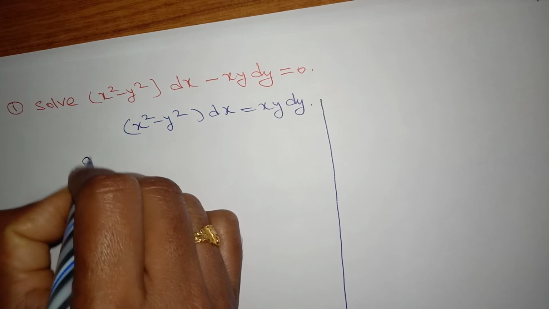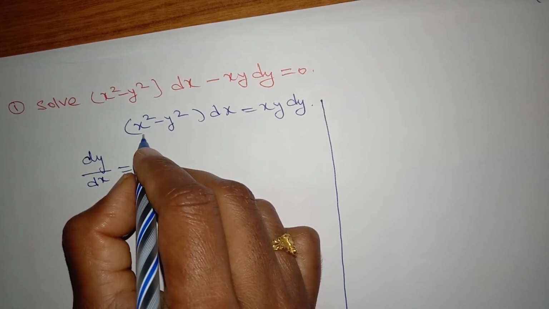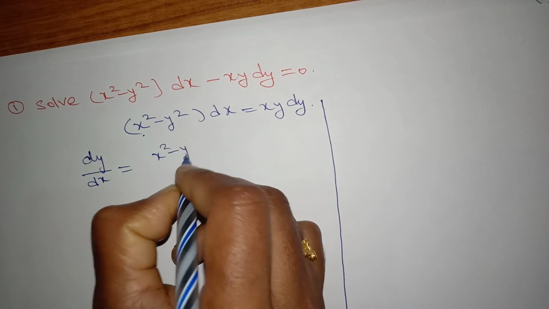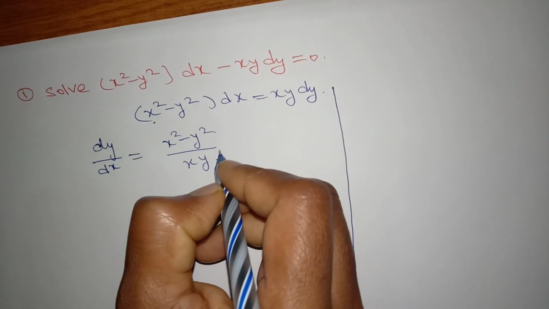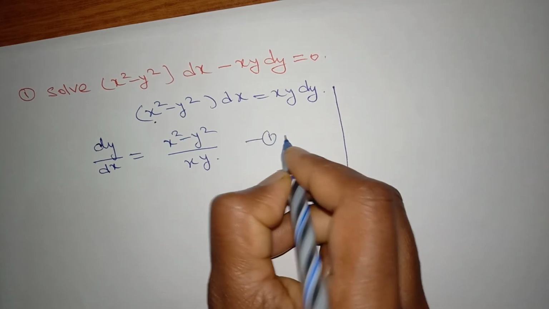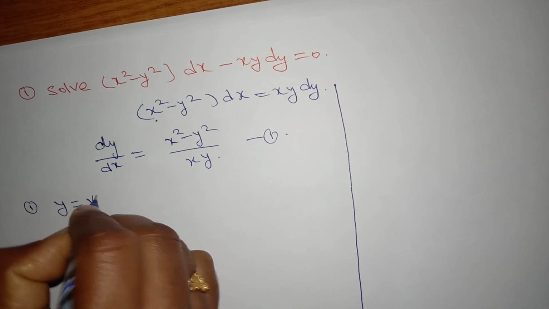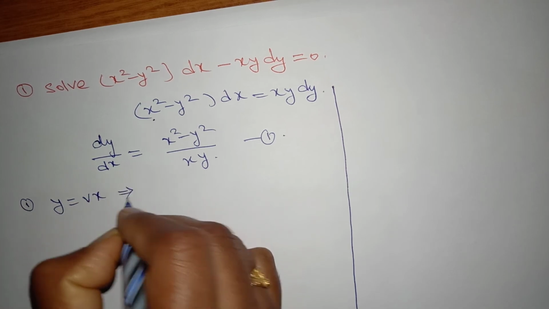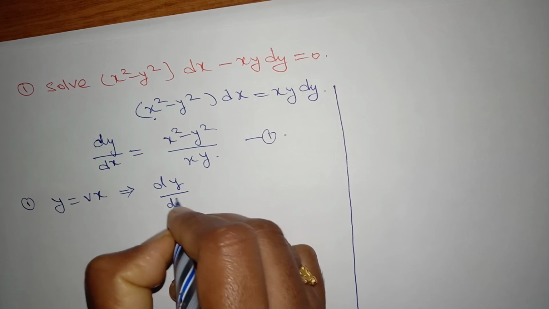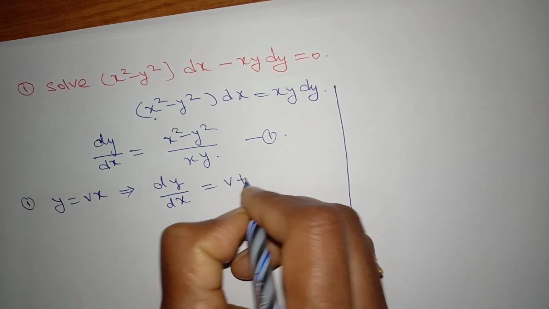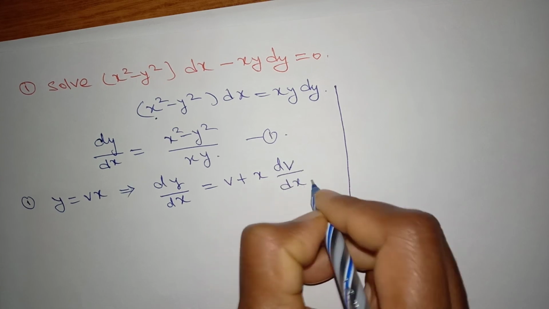Now dy by dx equals (x square minus y square) by x into y. This is equation number 1. Now step 1, take y equals vx, and differentiating this equation we have dy by dx equals v plus x into dv by dx.